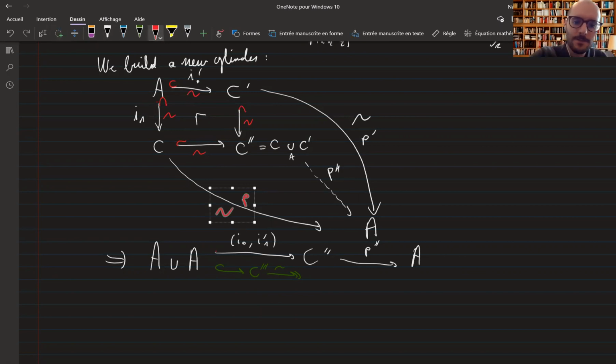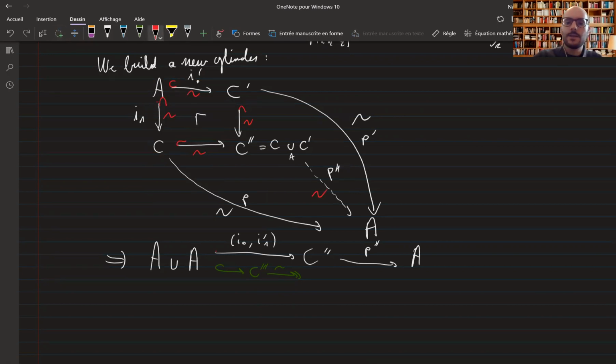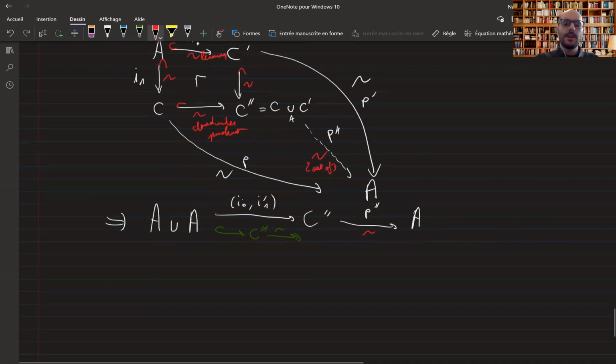So therefore, this here is a weak equivalence using 2 out of 3. This is the lemma. And this is closed under push out. All right. So we finally have a cylinder.